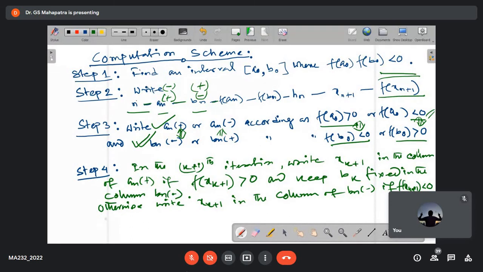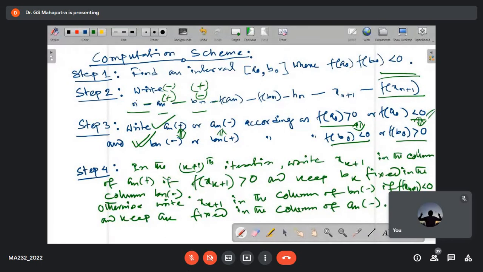And keep a k fixed, okay, in the column of a n negative.